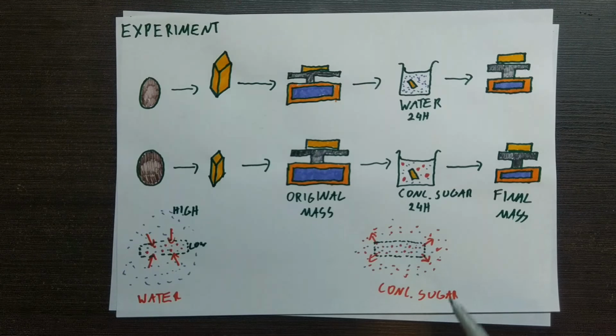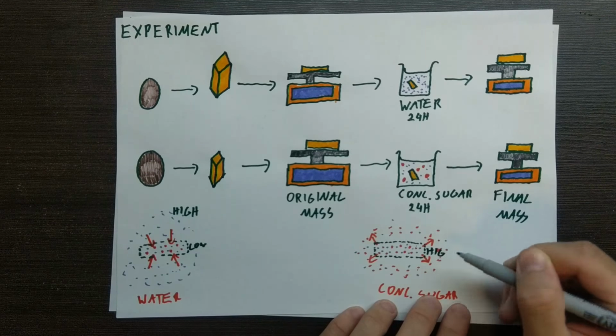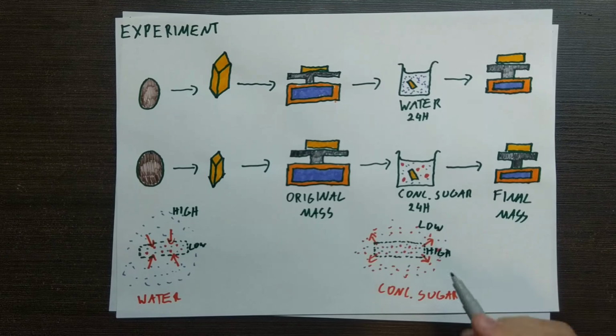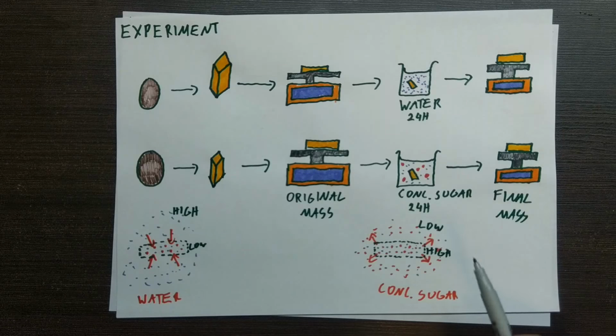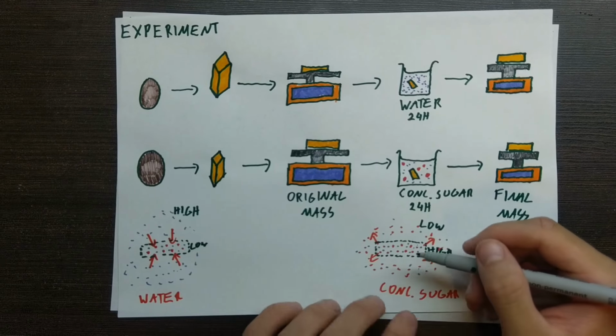So in fact, we have a high concentration of water inside the chip and a low concentration of water outside the chip. So what's happening here is that the water inside the chip is moving from an area of high concentration to an area of low concentration outside the chip. It's moving out of the chip across the semi-permeable membrane. So that's what's happening. And here, our final mass would be less.